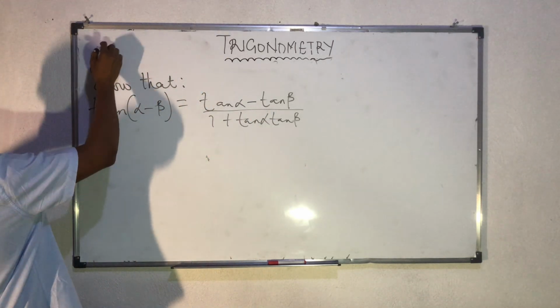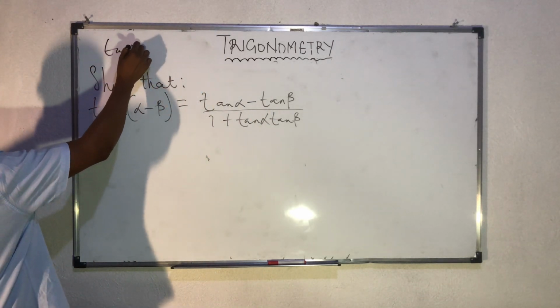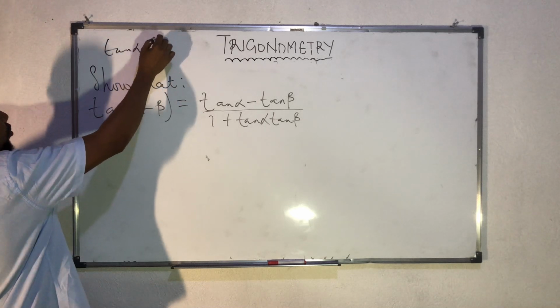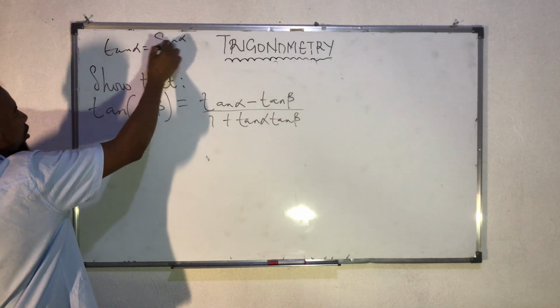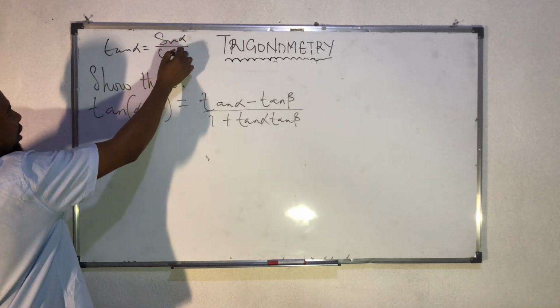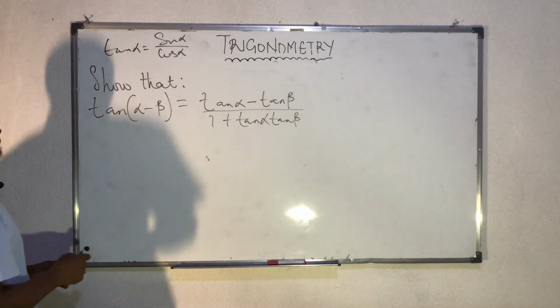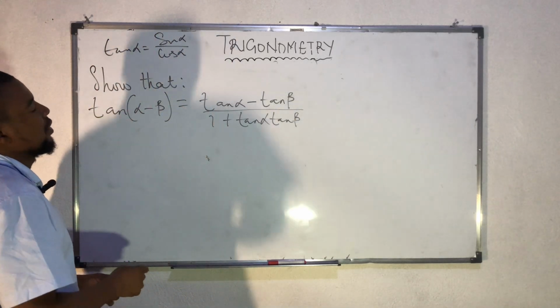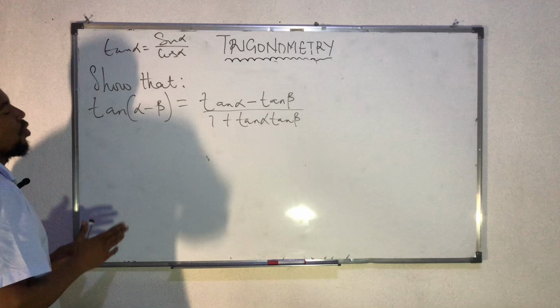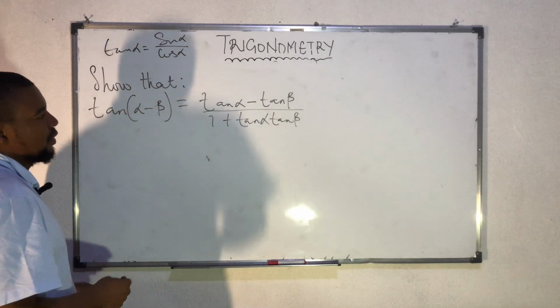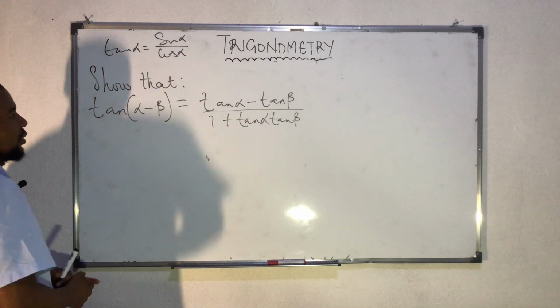Remember that tan alpha is equal to sine alpha over cos alpha. We're writing this expression because it's easier to manipulate sine and cosine than other identities or expressions.